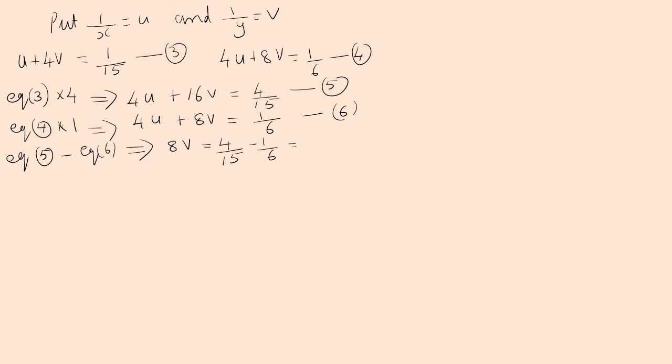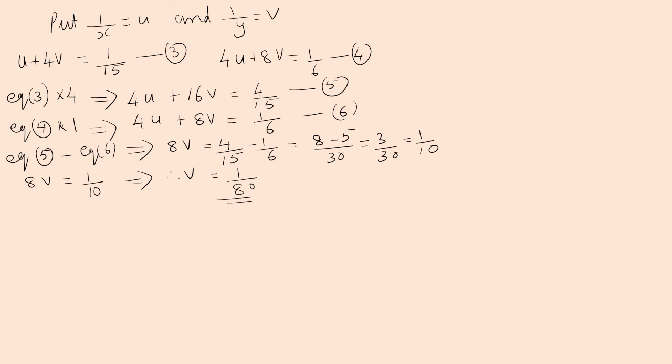You have to take the LCM. 30 is the LCM, that is 4 multiplied by 2 is 8, minus 5 upon 30, that is 3 upon 30, that is 1 upon 10. So you are getting 8v equal to 1 upon 10. Therefore, v equal to 1 upon 80.